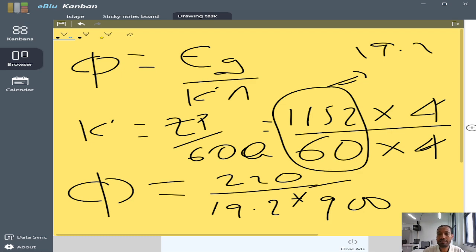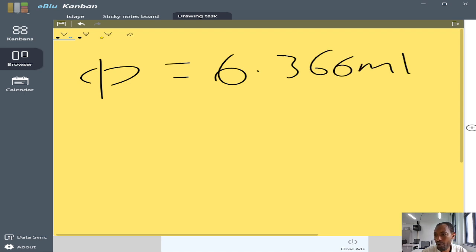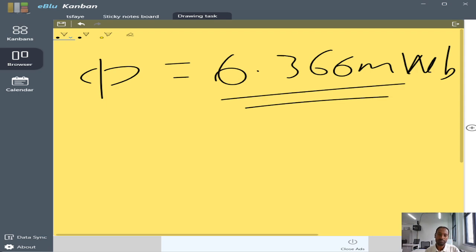This is our flux. So flux is going to be, according to my calculation, 6.366 milliweber. That's how we have to calculate the required parameters from the given parameters.